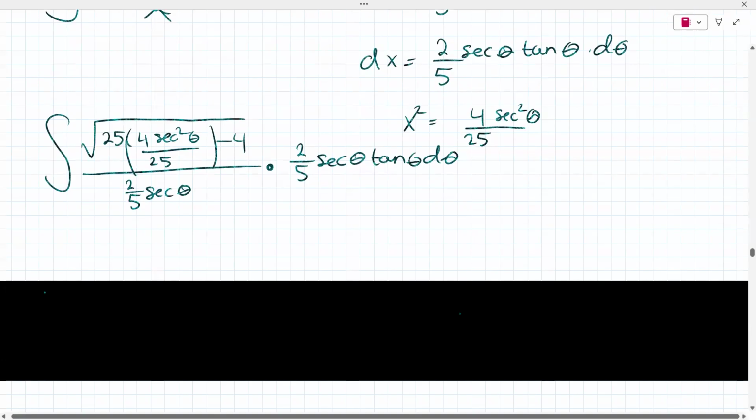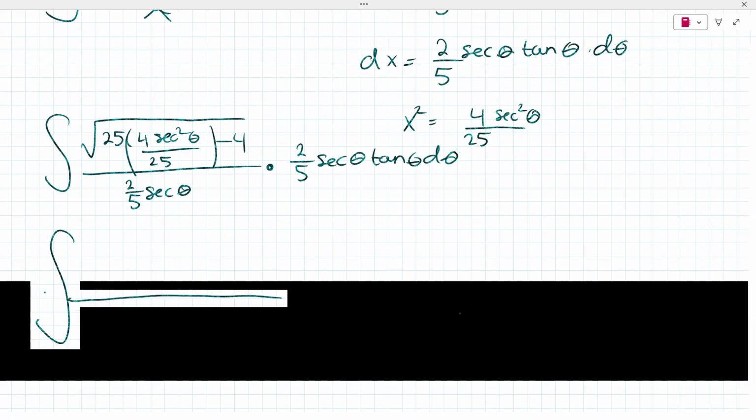Okay, clean this up. So over here, the 25's cancel, so now you're left with the square root of 4 secant squared theta minus 4.